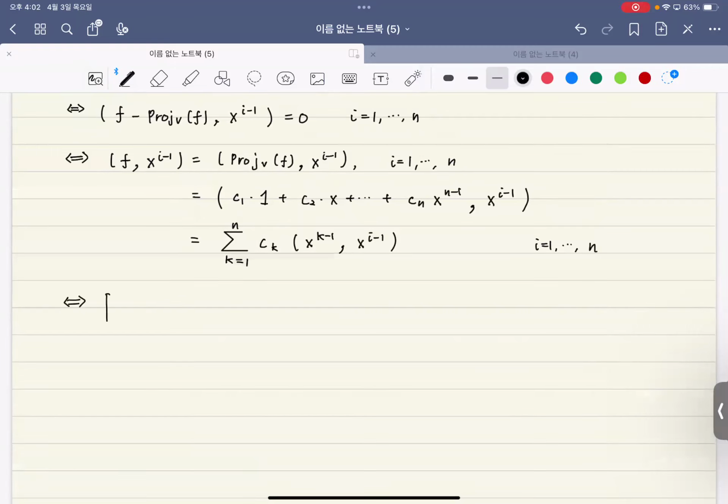So let me try to explain in this way. Suppose that i equals 1. Then this is just 1, the constant function 1, and the index k varies from 1 to n.